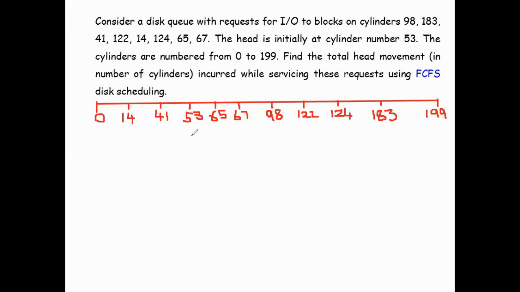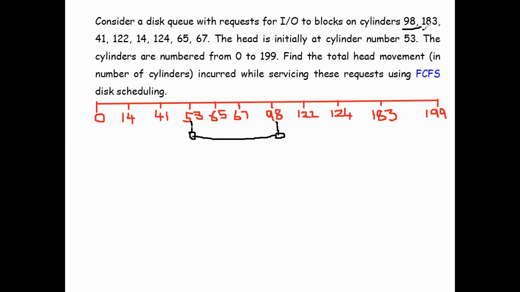FCFS means first come, first served. That is, the request that arrived first will be served first. In the problem, the first request is for cylinder number 98. Hence, from 53, the head will move to 98.